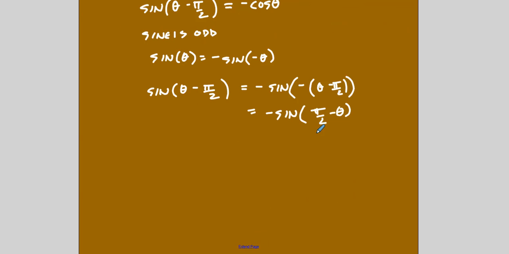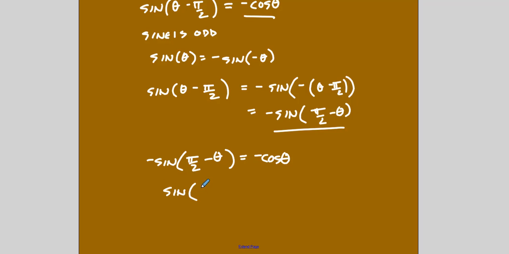So negative sine of pi over 2 minus theta equals negative cosine theta, and if I divide both sides by negative 1, I get the result I want. Sine of pi over 2 minus theta equals cosine theta.